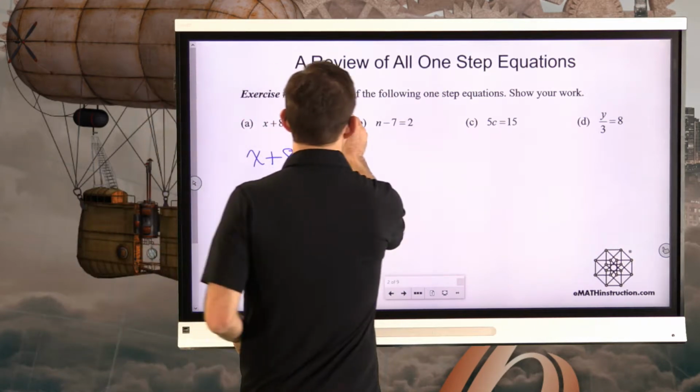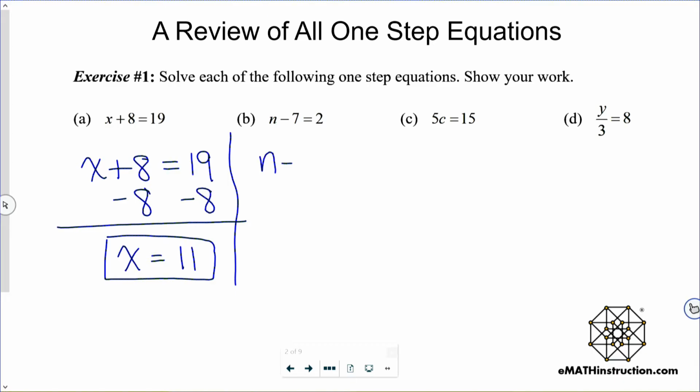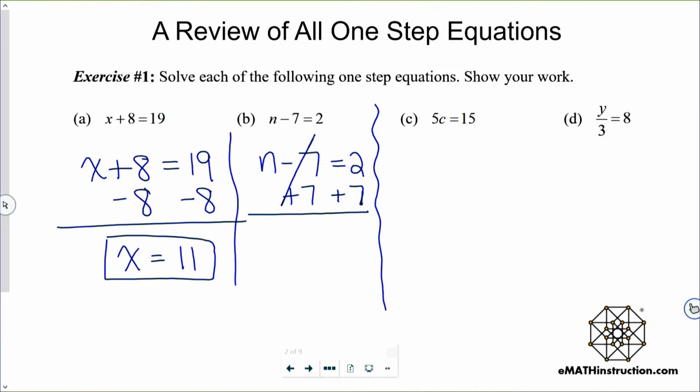So for letter B, we have n minus 7 is equal to 2. I want to do the opposite of what's been done to the variable. Since I've subtracted 7, I'm going to then add 7 to both sides of this equation. That subtraction and addition by 7 cancel, and I end up getting n is equal to 9. Letter C, I've got 5 times c equals 15.